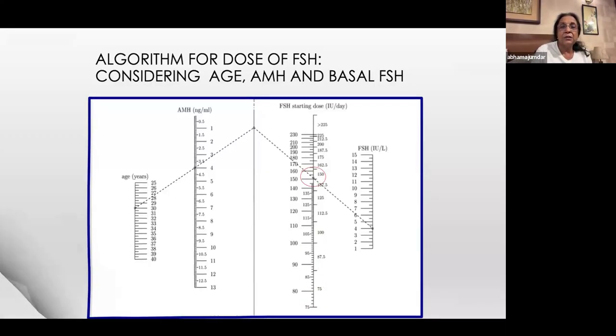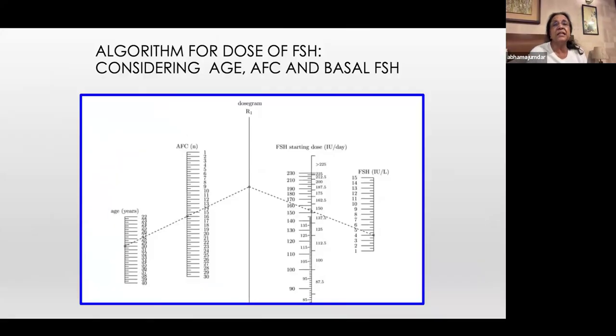You see? So we take another page. Here we take age, AFC, and basal FSH. So we've not used AMH over here. A lot of people have so much variation in AMH, which is mostly laboratory induced. So here you've seen again, age is again 30. AFC is around 16.